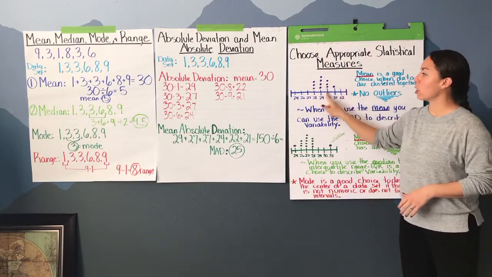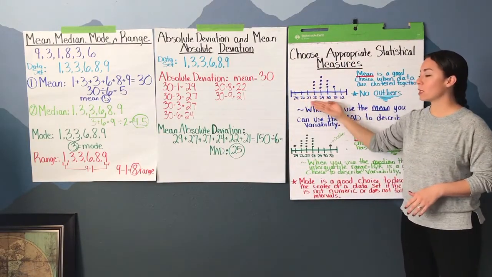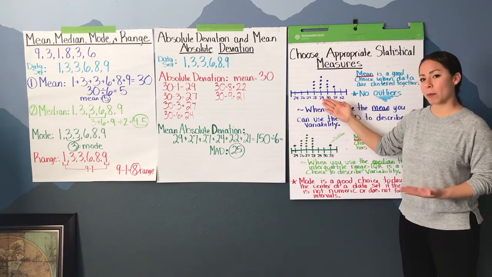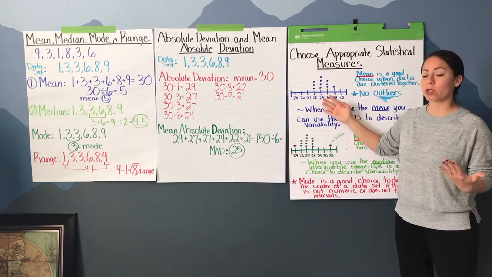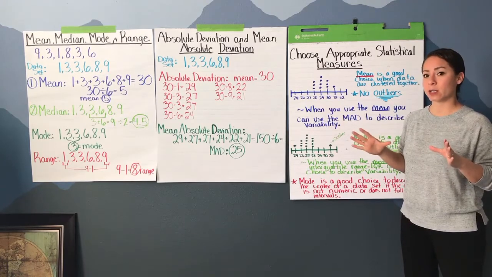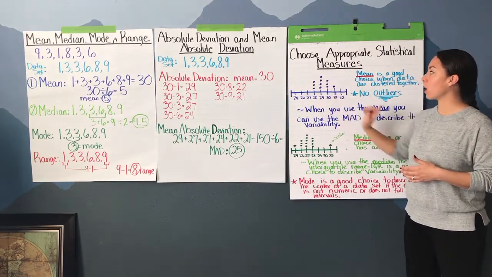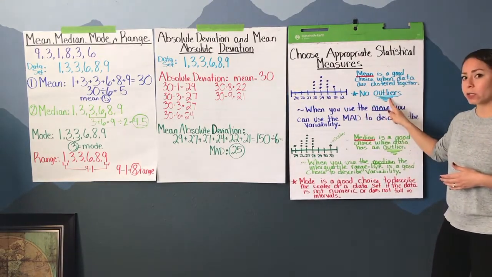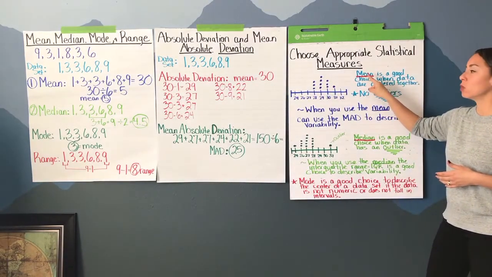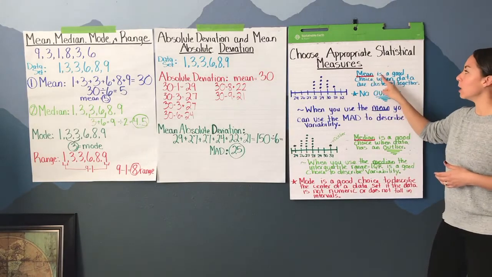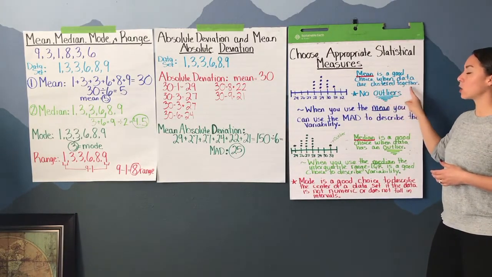If they give you a data set and you make a dot plot, which you should in order to really see how the data is represented, and you see that it's all kind of clustered together and you have no outliers, just like it says here, you would choose the mean. Mean is a good choice when data are clustered together.